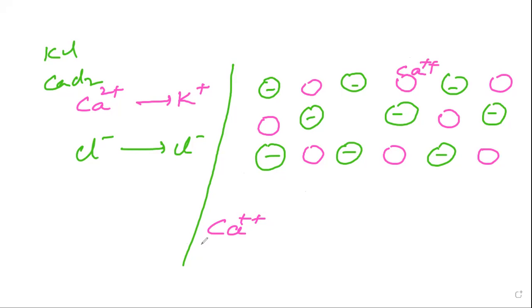Experimental results show that the addition of CaCl2 to KCl lowers the density of the crystal. The density would increase if no vacancy were produced, because Ca2 plus is heavier and smaller than K plus.